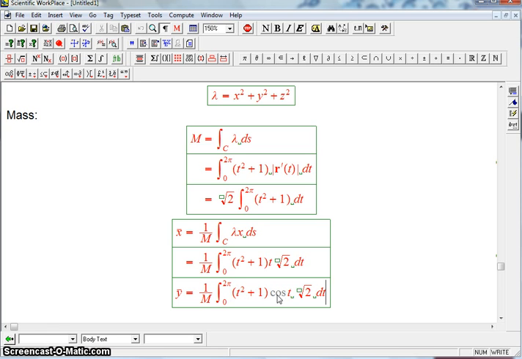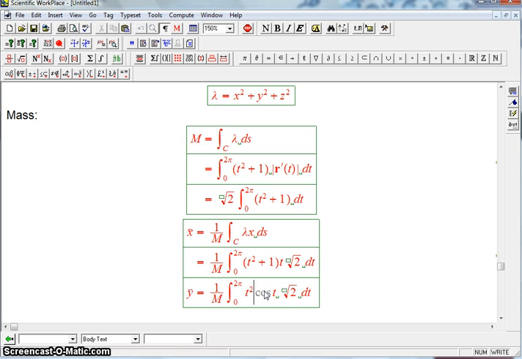Now, the 1 times cosine t, the integral over one full period of cosine or sine, that dies. It's not a huge simplification, but it helps. And that's not the world's hardest integration by parts problem. Then z bar is t squared sine t. The answers you get are pretty random. They have lots of weird pi's and root 2's and various fractions. But they're manageable.